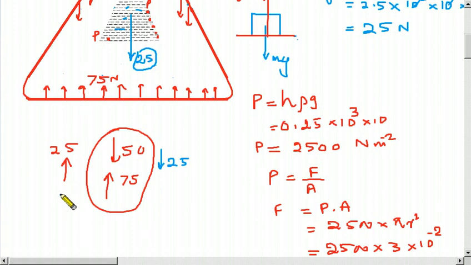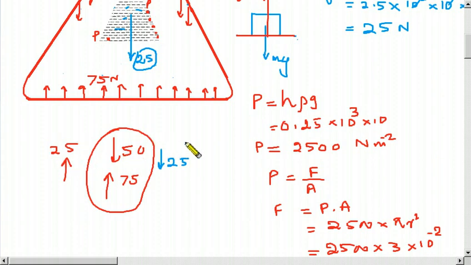So they are equal and opposite. So that is the equilibrium state. So it can achieve the equilibrium state without dropping. 25 is there downwards and 25 is there upwards. Even though there is 75 from the bottom, opposite there is a 50 by the glass, to cancel 50 from this 75, and the remaining value is 25.